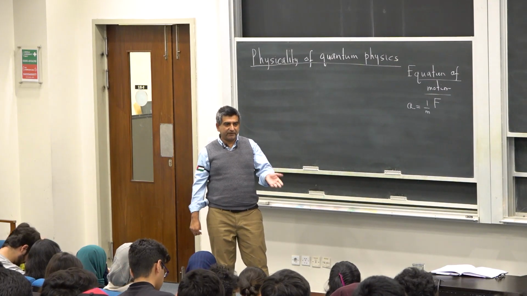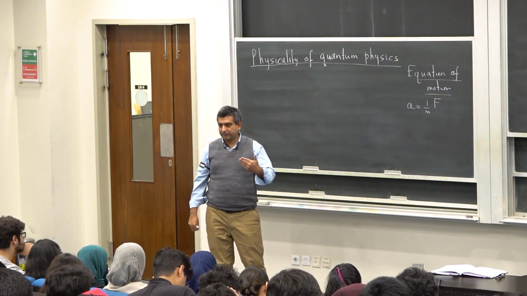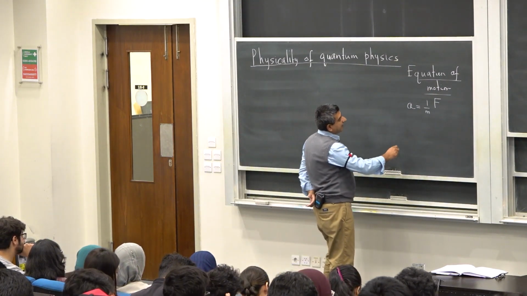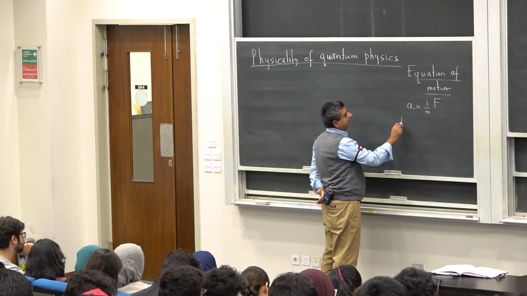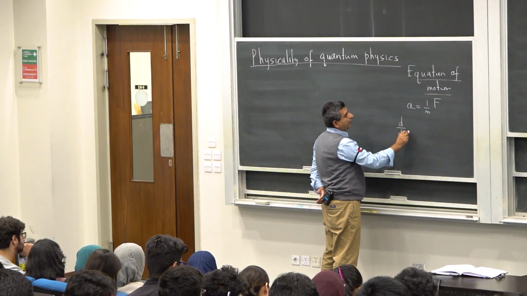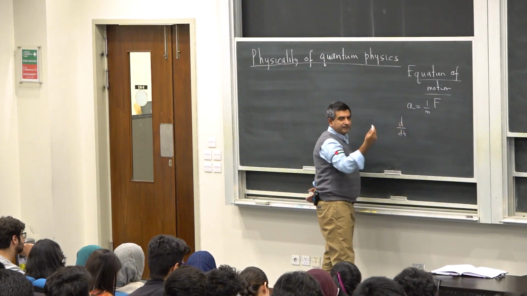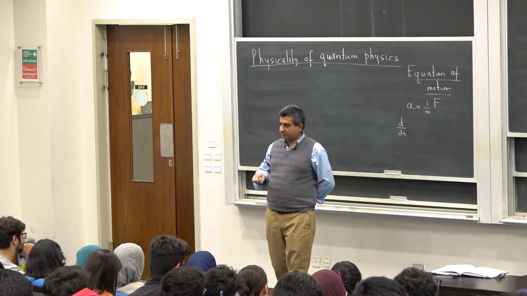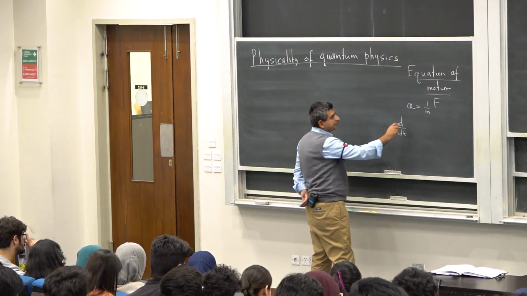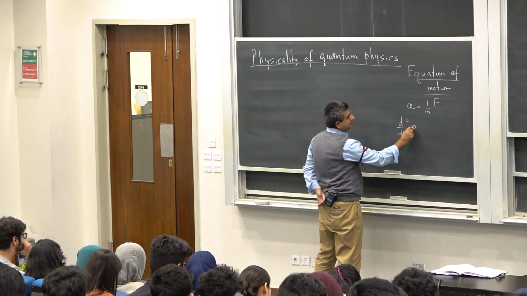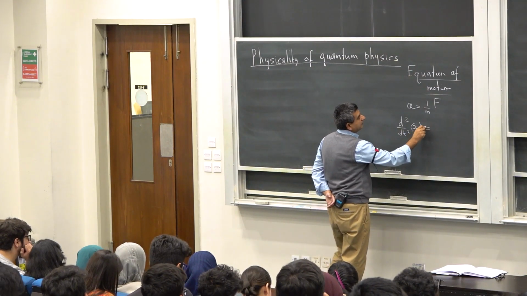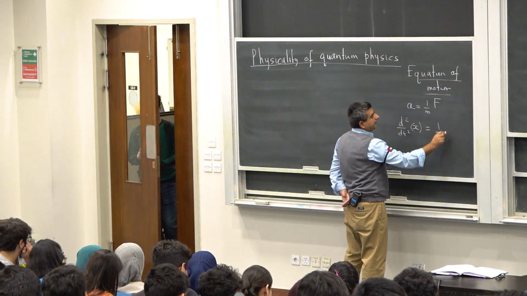It's the double derivative of distance, so I can also write this as d by dt of the velocity, and the velocity is the derivative of position. So I can write this equation as 1 over m into F.